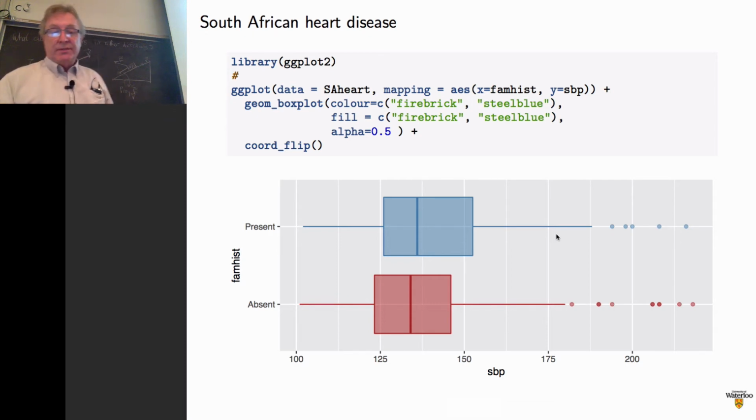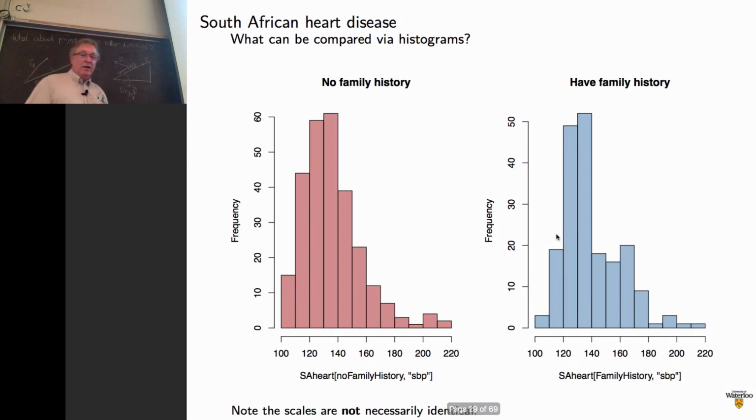So going to histograms, again, the scale is not identical. And you see that they both look kind of skewed, right?